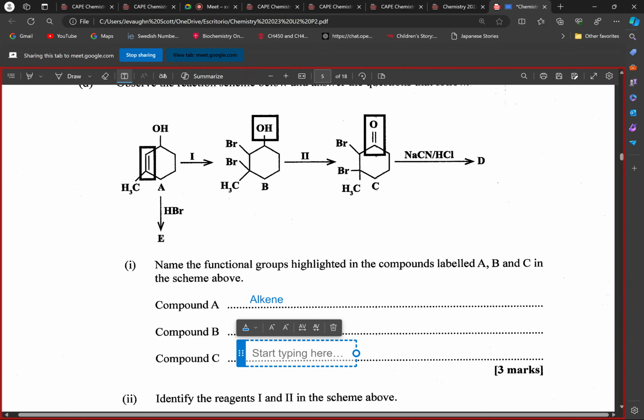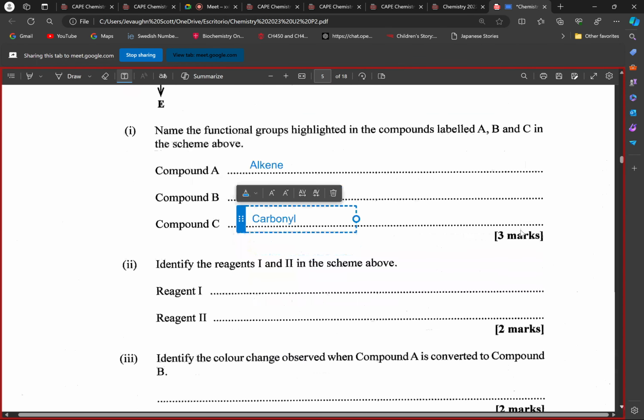Carbonyl. Okay, lovely, lovely. Taking way too long to answer that.